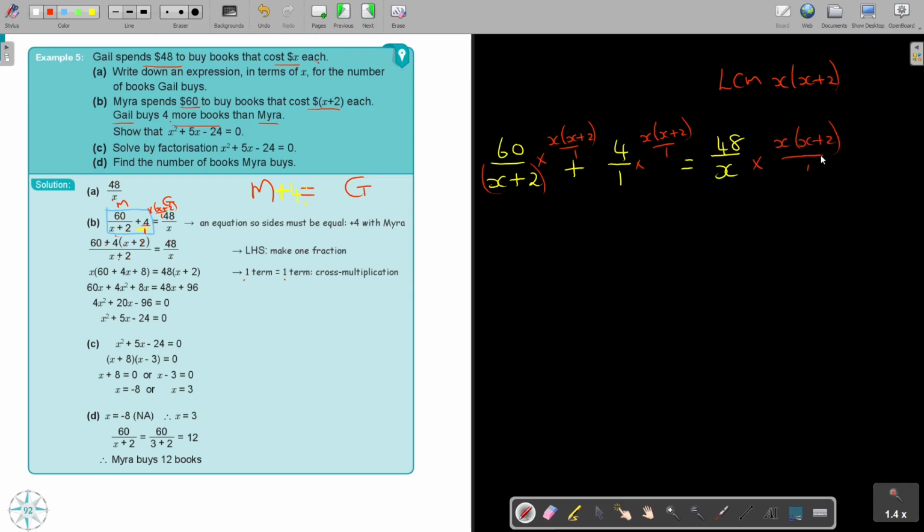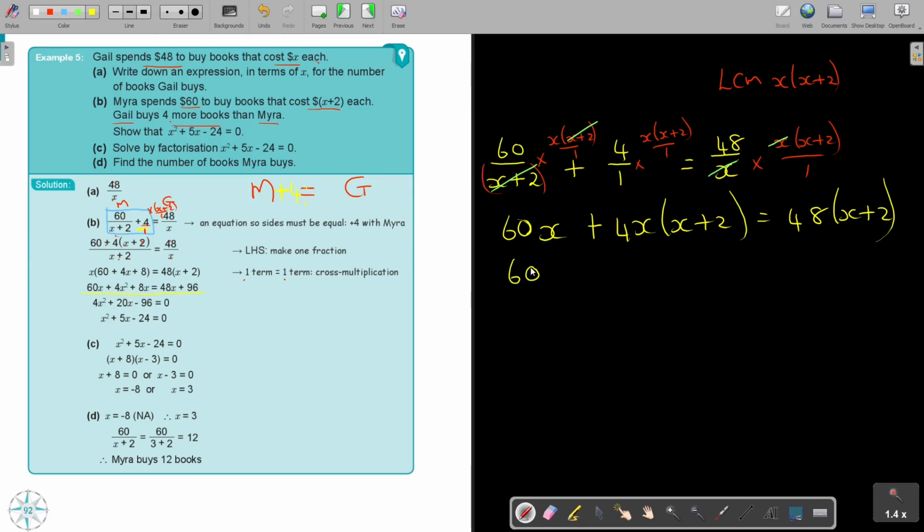And now I start with the cancelling out. So this 2 cancels, I'll show you now, nothing there, and this X cancels. So I'm ending up with 60X plus 4X times X plus 2 equals 48 times X plus 2. Now I'm just going to go a little bit until I reach this step to show you I get the same.